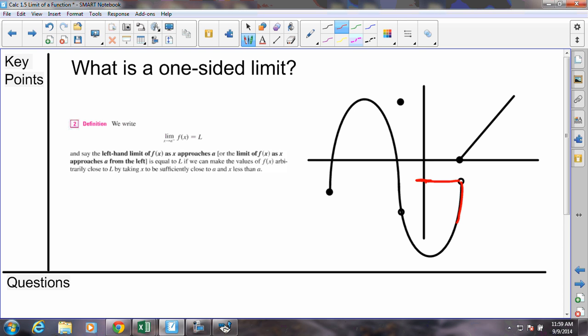This value, that y value, is the left-hand limit. And if we approached it from the right-hand side, getting to here, this value is the right-hand limit. Are they actually the same? No. We can clearly see the jumping gap in between the two.